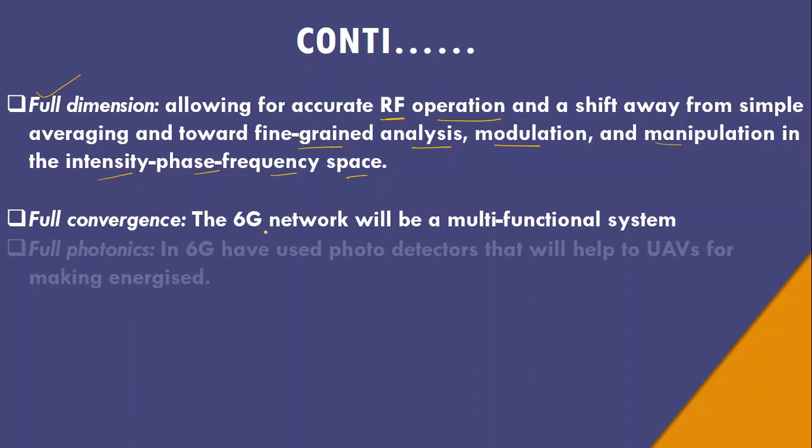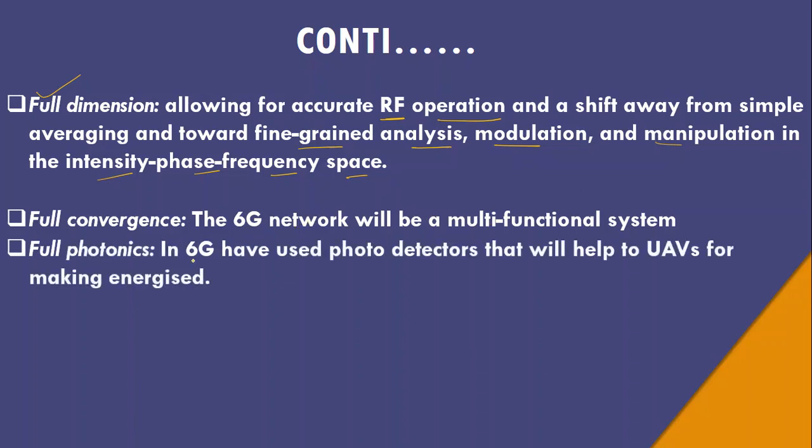The next one is full photonics. In 6G, photo detectors are used that help the unmanned aerial vehicles, or flying towers, to stay energized and keep an energy balance, using solar or photo detectors in the flying towers of 6G.